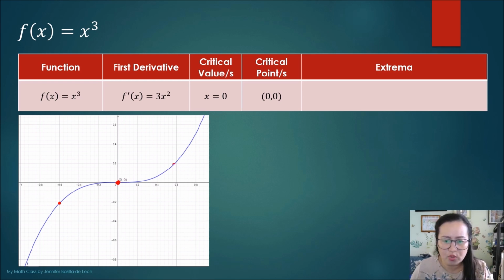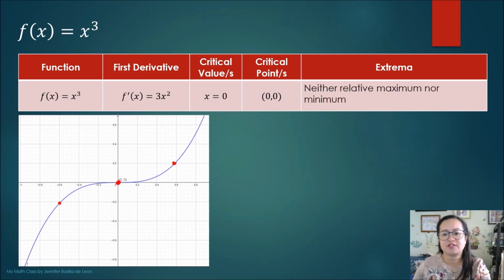Now, getting a point on its right, is it still higher than the point on its right? Looking at the graph, 0, 0 is lower than those points on its right. Since it's not consistent, we can conclude that the value is neither a relative maximum nor minimum.